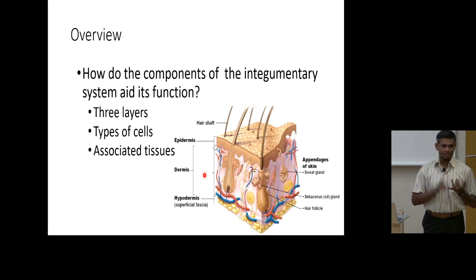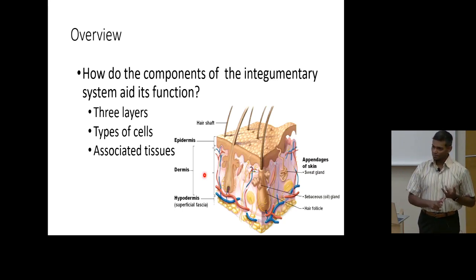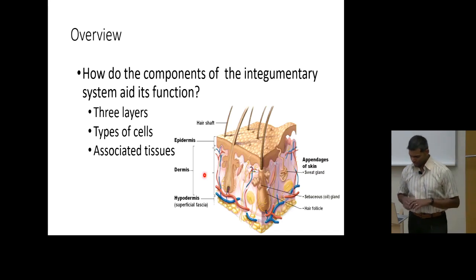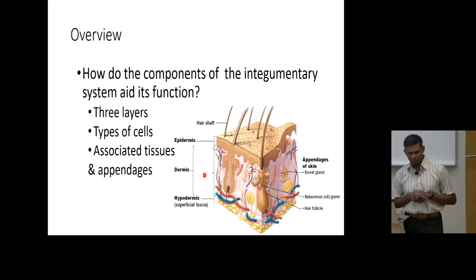So you're going to see connective tissue, epithelial tissue, muscle tissue, and also nervous tissue. You're going to encounter all four as we talk about the various components of this integumentary system. And then you'll also see what are some of the appendages which are found in these layers. And examples of appendages include the hair follicles, or the sweat glands, sebaceous glands, and so on.